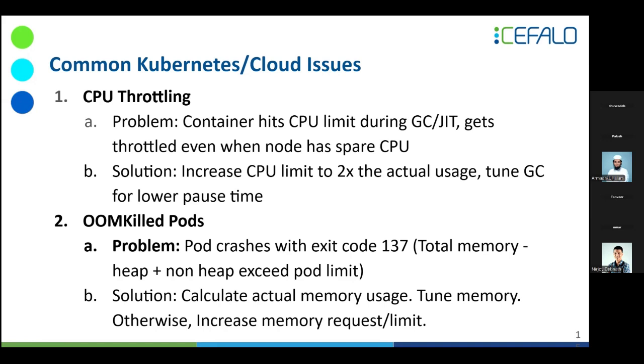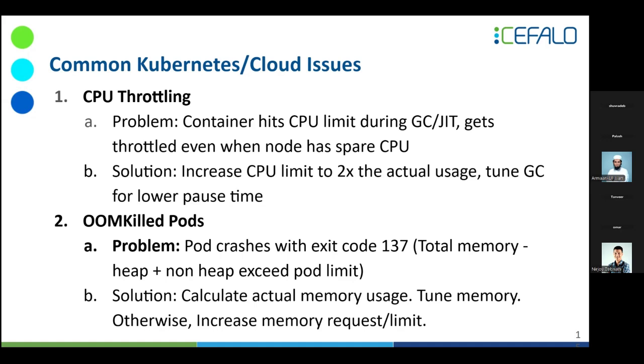The solution could be increasing the CPU limit, maybe 2 times more than the actual usage. What we saw for our client is that we need 100 to 150 millicores of CPU for taking on the load or requests. But during start time, we need a whole 1 core CPU if we want to ensure that the start time is less than 20 or 30 seconds.